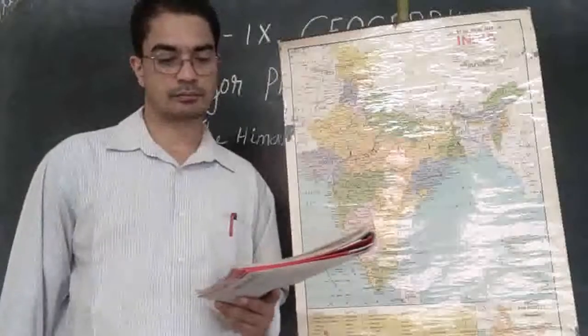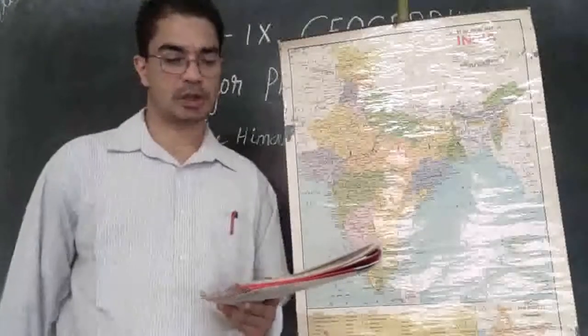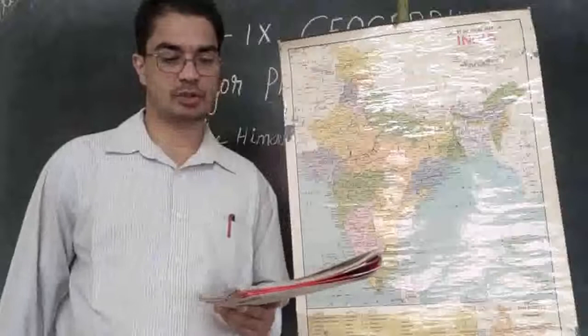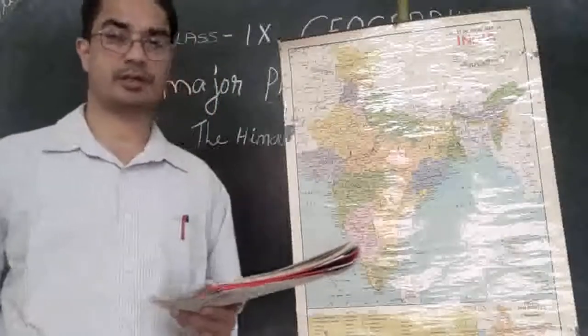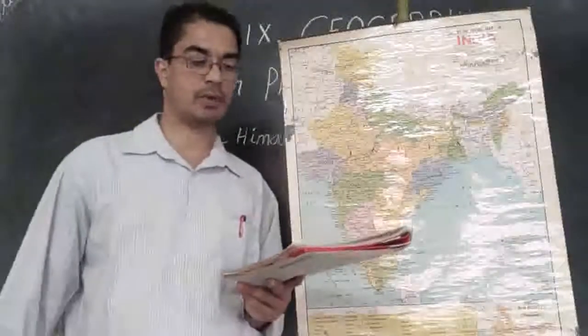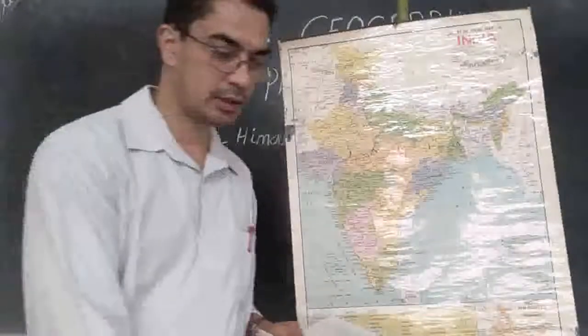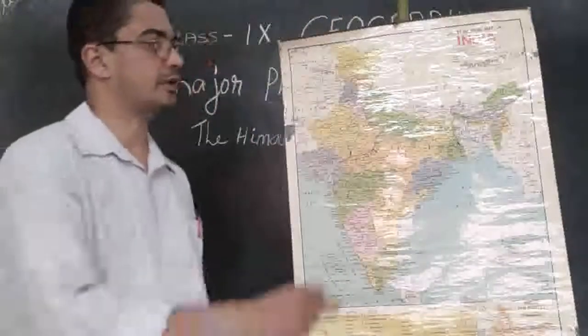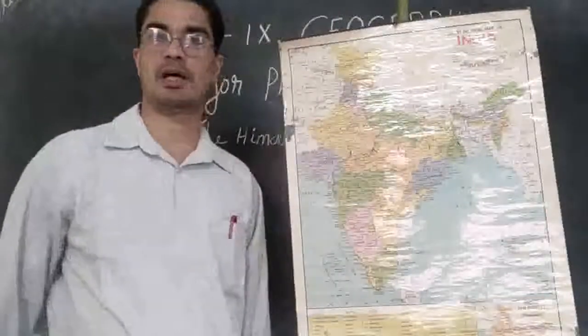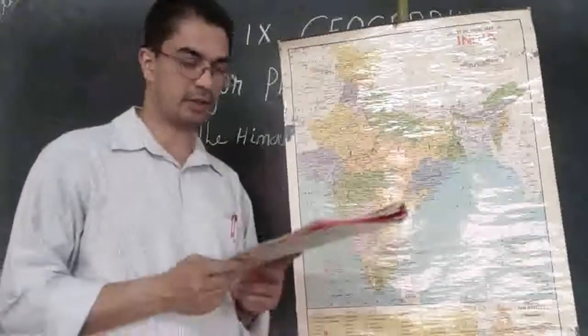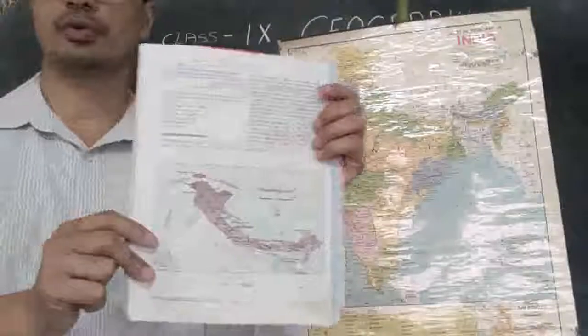The northernmost range is known as the Great or Inner Himalayas or Himadri. So we said there are 3 ranges in the Himalayas. You can see in your textbook also.